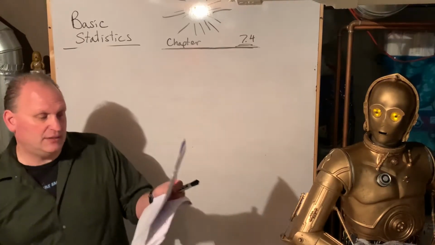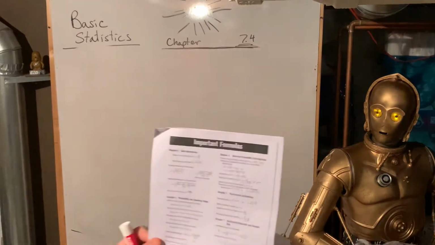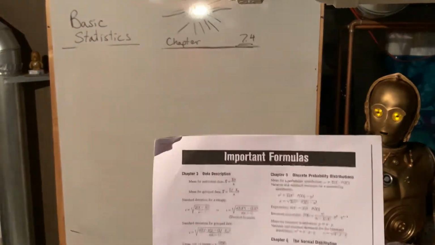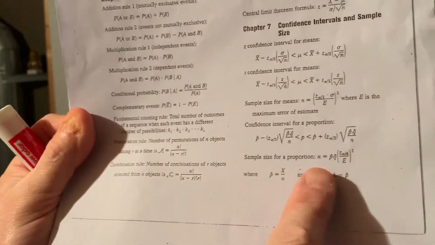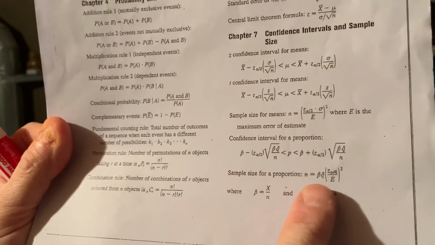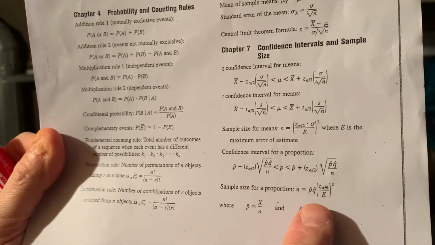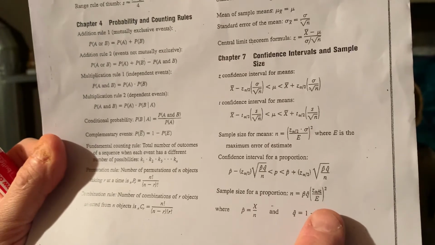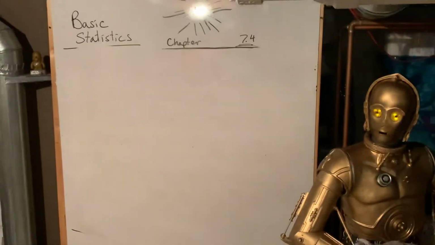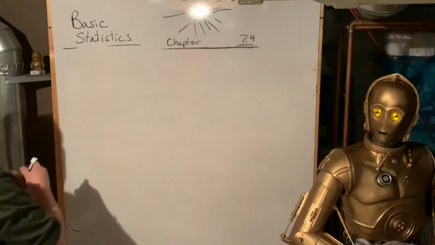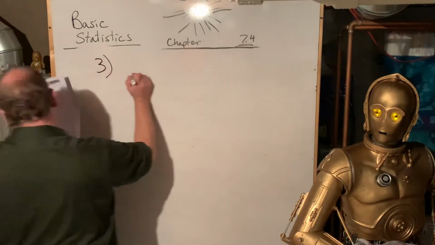And so if you take a look at the important formulas on the very first page where it's got all the chapters, it's run down by chapter. By chapter 7 near the bottom, it's n is equal to p hat q hat times z over error squared. All right.